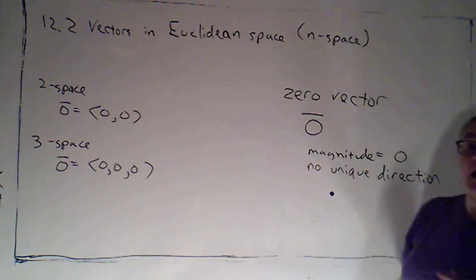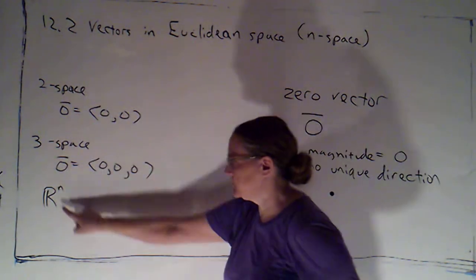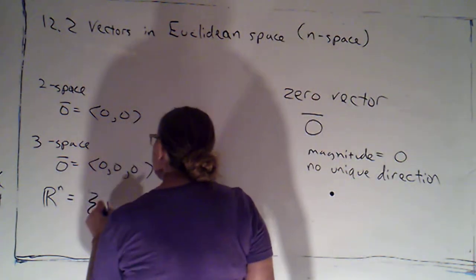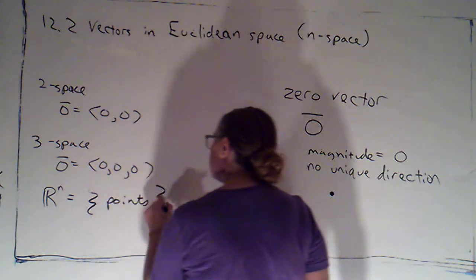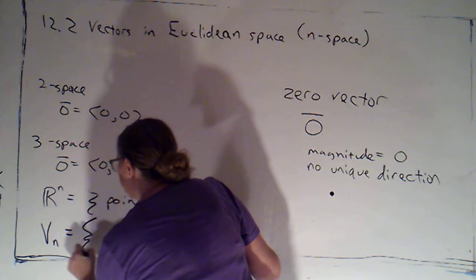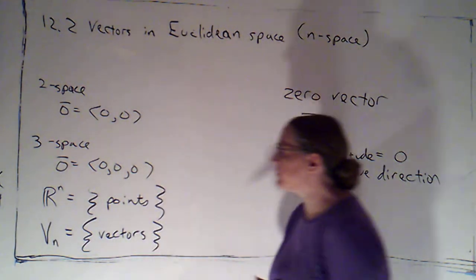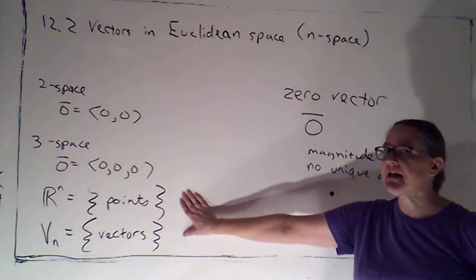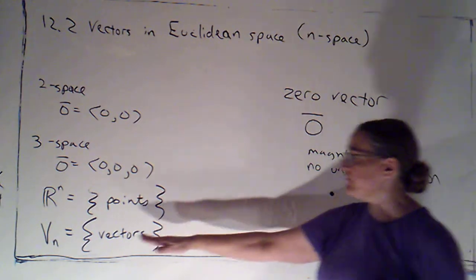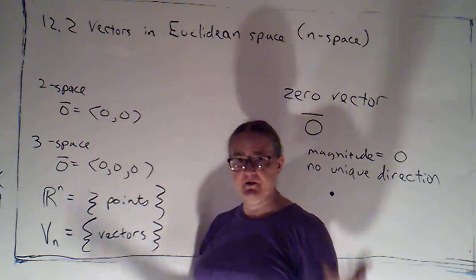Now, as we're talking about n space, we've talked about Rn. Usually, as I said, n is going to be either 2 or 3. Our textbook views this as a set of points. And when we're talking about vectors, the book is going to use the notation Vn for vectors. Not all textbooks make this distinction. So in other classes, you may very well be talking about vectors that belong in Rn. Totally fine, considered acceptable.